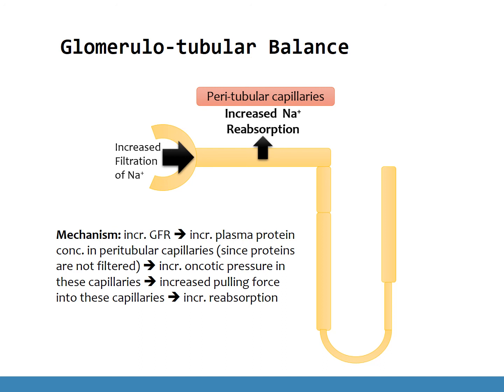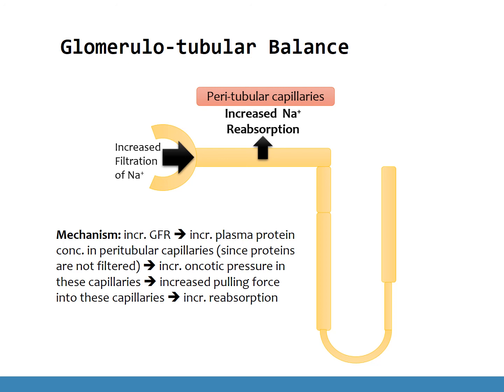It is usually due to increased blood flow to the kidney. When there is increased blood flow to the kidney, the blood flowing in the peritubular capillaries after the efferent arteriole will have more proteins as well, because the flow has increased. So there is increased oncotic pressure in these capillaries, which will have increased pulling pressure, so more water and sodium will be reabsorbed.